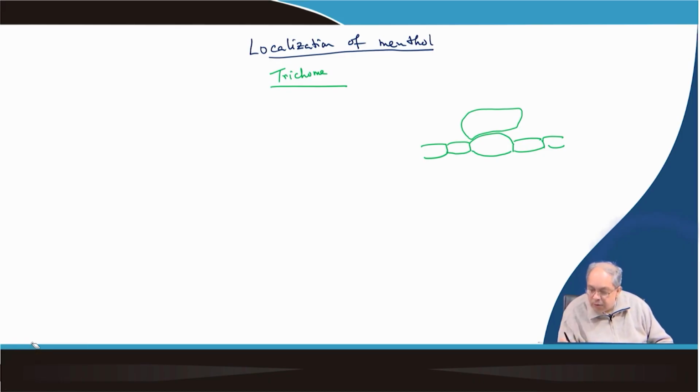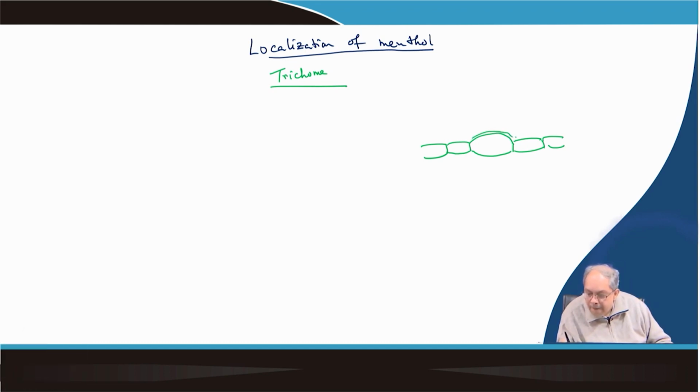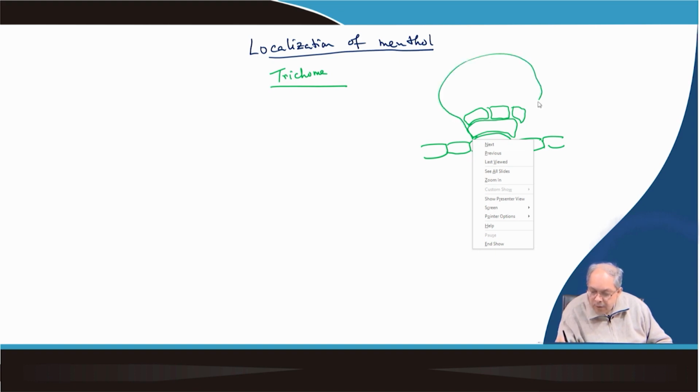I just draw it. This is called the stalk cell, and then above it these are called secretory cells, and then on top of it will be the subcuticular oil storage cavity.